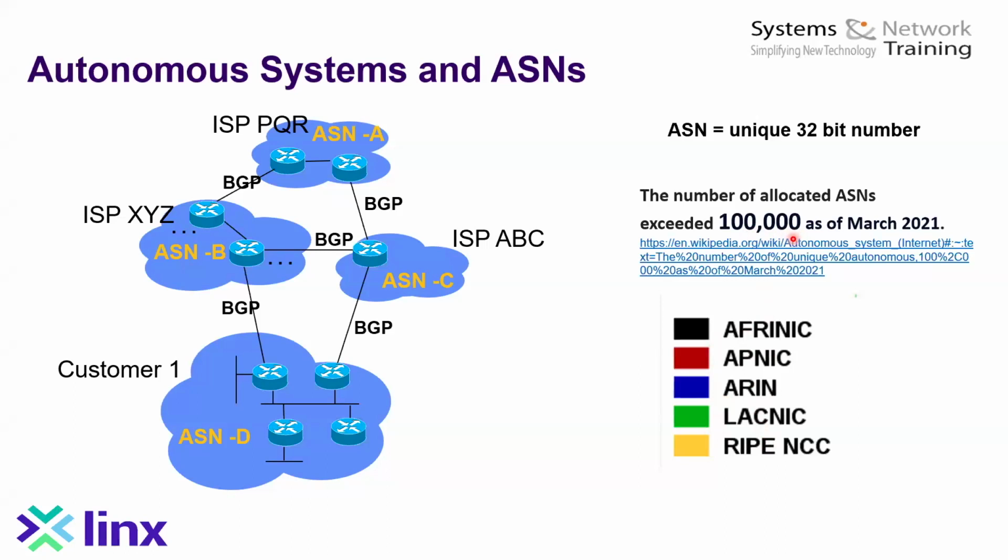So when we look at the internet and we can see who's advertising those routes, that number's about 30,000. So many more have been registered, but about 30,000 is what we'll see in the internet today. Well, that's still a very, very large number. 30,000 of these clouds, if you will.